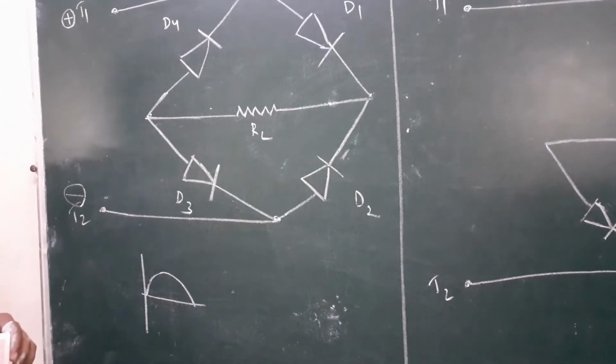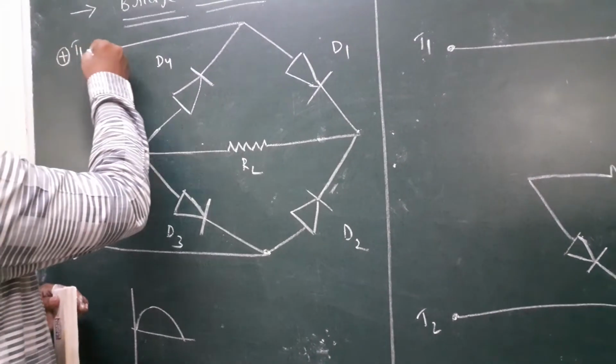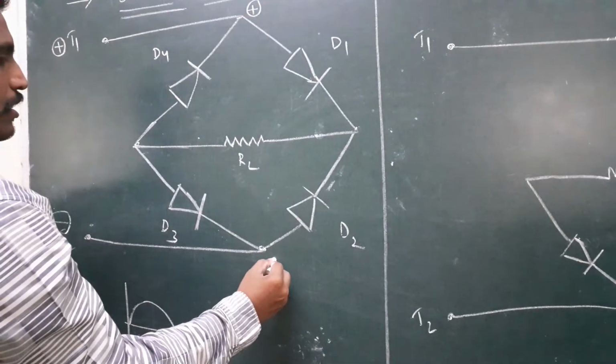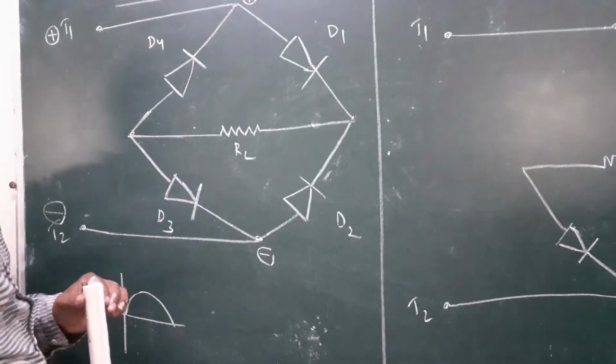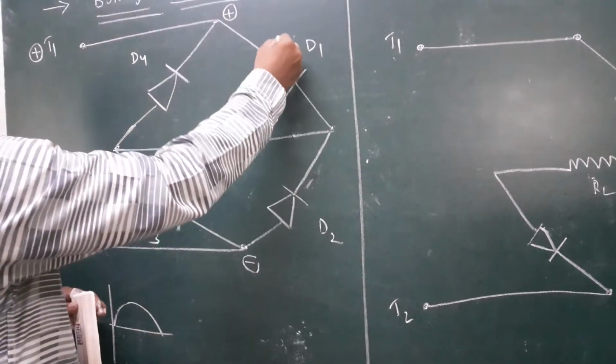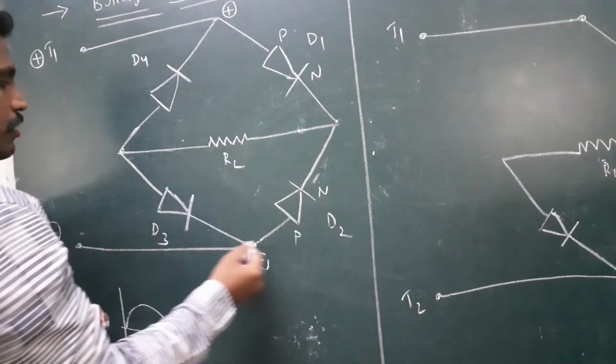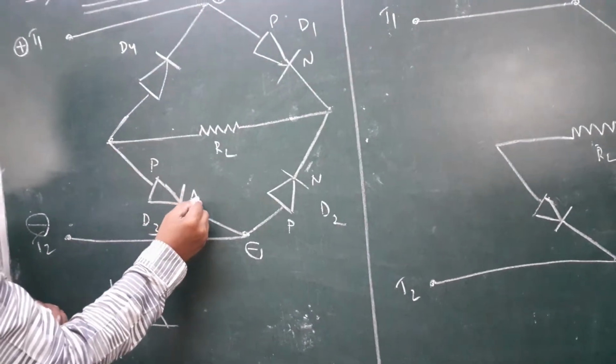Here it will continue plus, and here automatically I take minus. Look here, according to the symbol of the diode, PN.